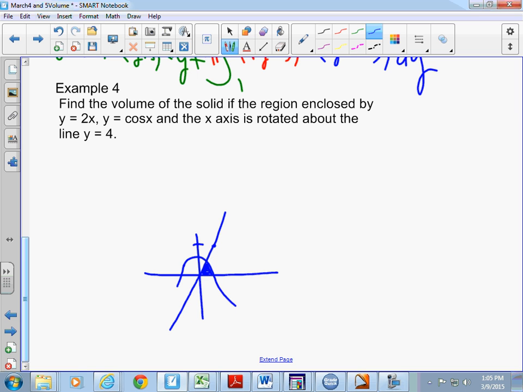Part C, revolve the region. That's how they kind of work AP problems. They make you do several things with that one region. You'll have already found the intersections on part A, so that will help. Right, I'm going to rotate around the line y equals 4.